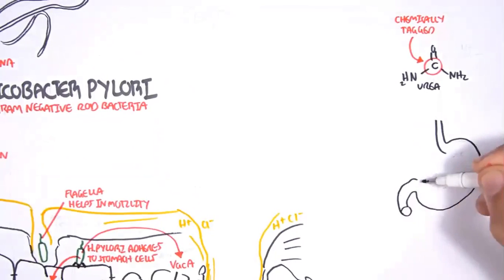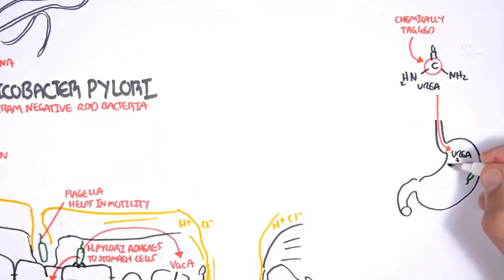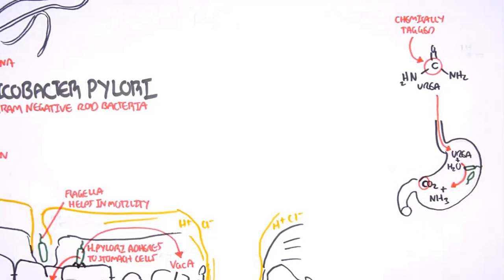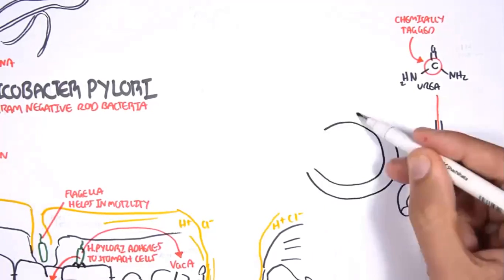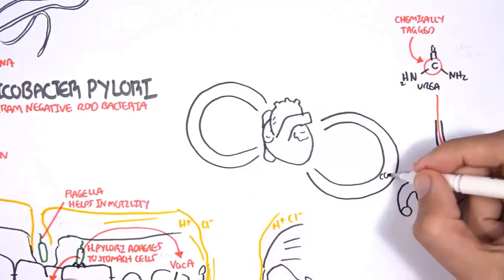When the person gets this urea, and if the person has H. pylori in their stomach, this urea in the presence of water will be converted by the bacteria into carbon dioxide and ammonia, which we have discussed. Ammonia is basic in nature and helps the bacteria survive in the stomach, and the urea is broken down into CO2 and ammonia, and in the CO2 there is a tagged carbon.